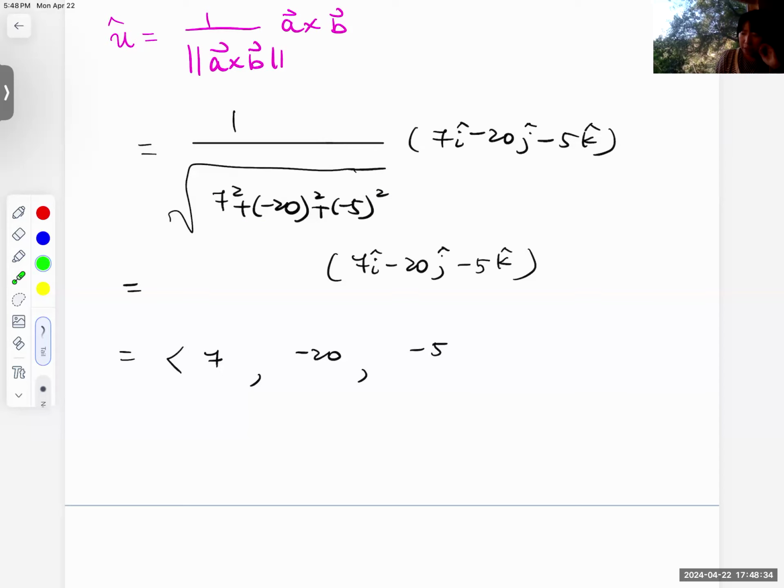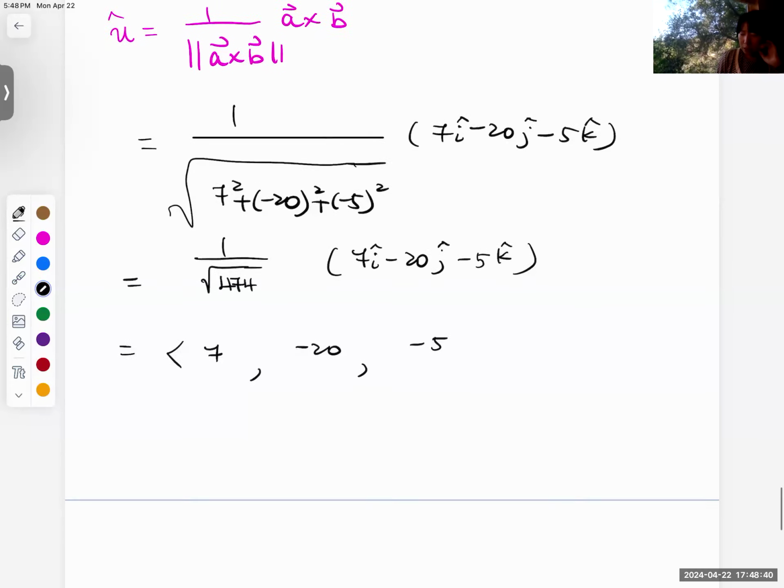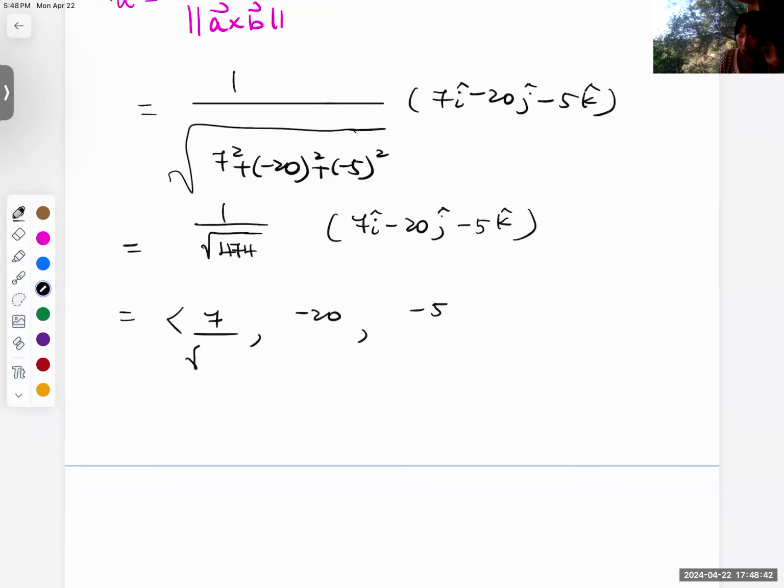Really appreciate that. So this is 1 over square root of 474, times 7I minus 20J minus 5K. Okay, thank you very much.